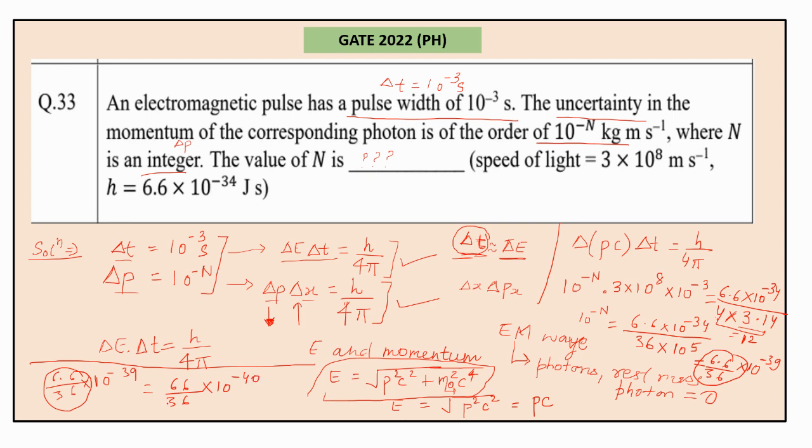It will give you a value around 1 point something into 10 raised to the power minus 40. So what will be the value of n? It will be minus 40. Got it?